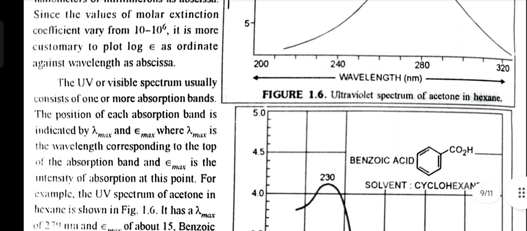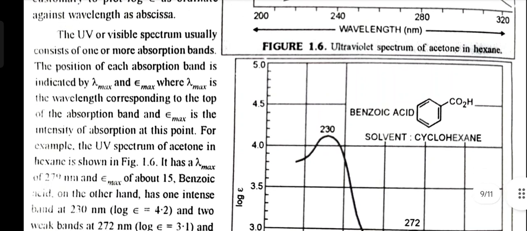The UV or visible spectrum usually consists of one or more spectrum bands. The position of each absorption band is indicated by lambda max and epsilon max, where lambda max is the wavelength corresponding to the top of the absorption band and epsilon max is the intensity of the absorption at this point.